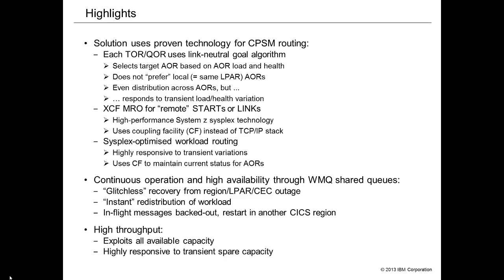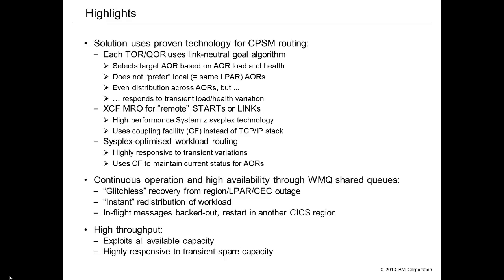Continuous operation and high availability through MQ shared queues. We really have glitchless recovery. Any CICS region that's connected to any queue manager in our Plex can get to those application queues. We have instant redistribution of workload because of the CPSM factor. And in-flight messages can be backed out and restarted in another CICS region.